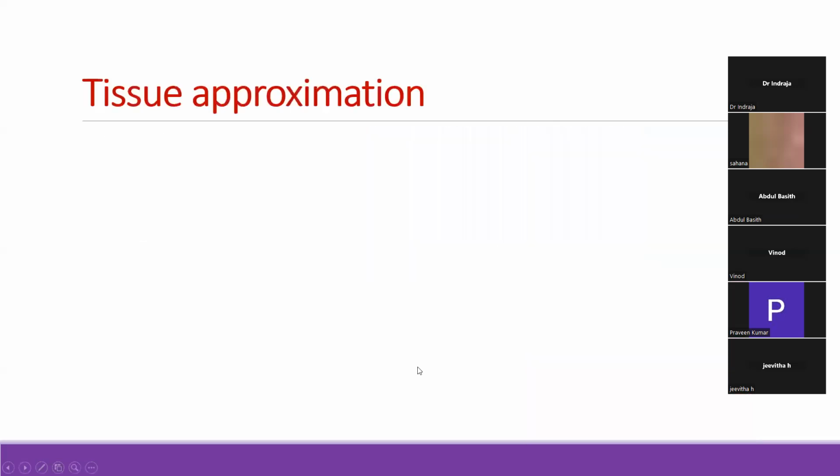All right. We talk about tissue approximation. What are the tricks that we have for tissue approximation? Go on, Pavan. Sir, suturing, sir. Intracorporeal and extracorporeal. So something before suturing? Sir, ligation.